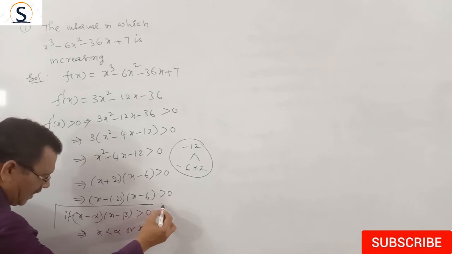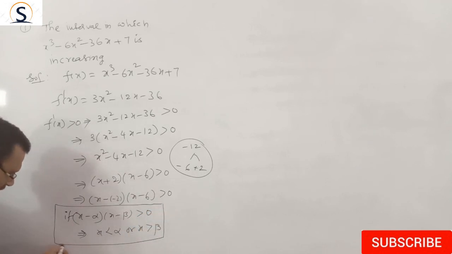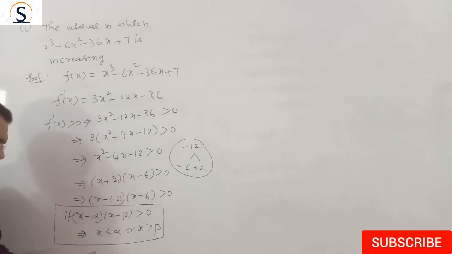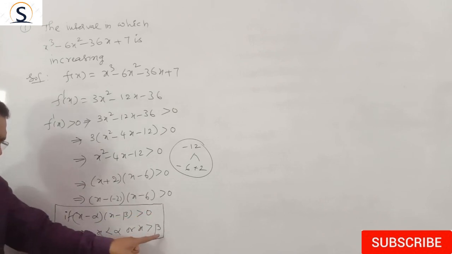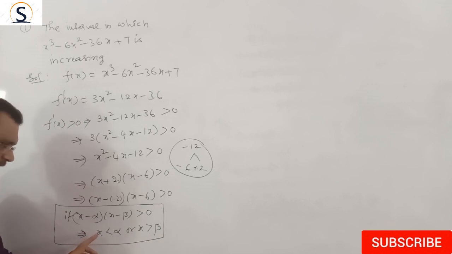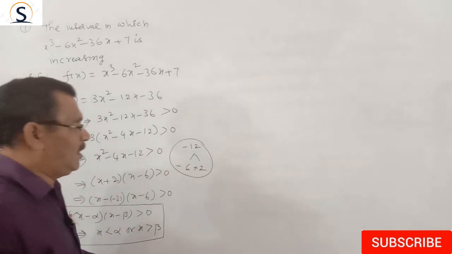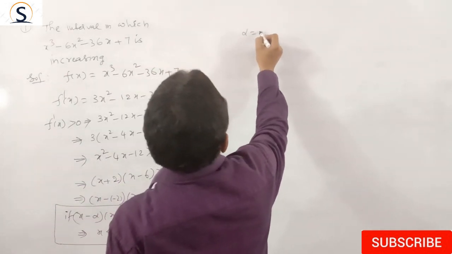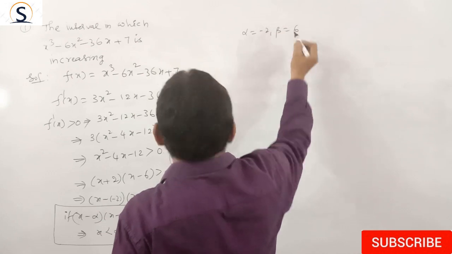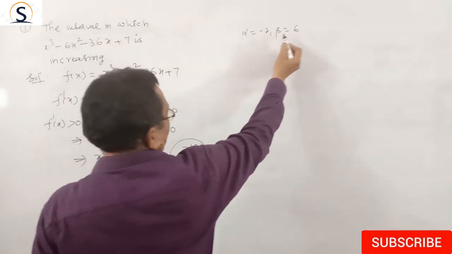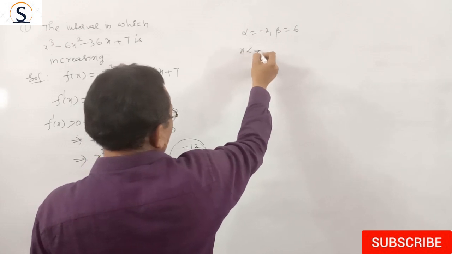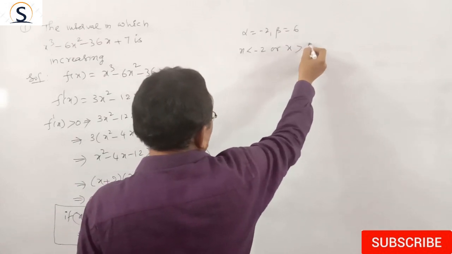When the product of two factors x minus alpha and x minus beta is greater than 0, with alpha the smaller and beta the larger value, then x is less than alpha or x is greater than beta. Here alpha is equal to minus 2 and beta is equal to 6. Therefore, the interval is x less than minus 2 or x greater than 6.